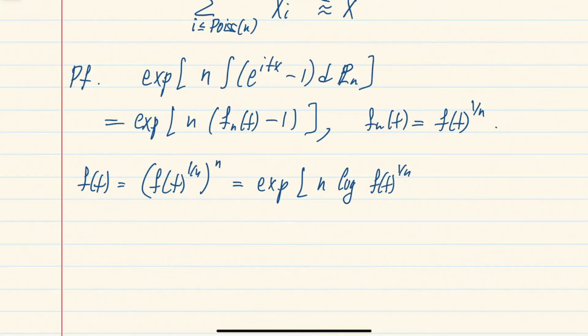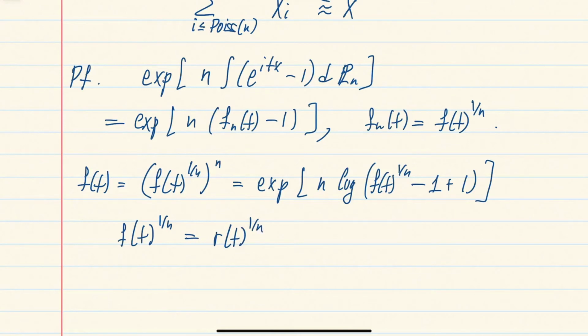And then what we'll do here inside the logarithm is add and subtract 1. And this is because when you look at the nth root of the characteristic function of an infinitely divisible distribution and write it in terms of the polar coordinate representation, we see that when n goes to infinity, because the modulus is not equal to 0, this converges to 1.